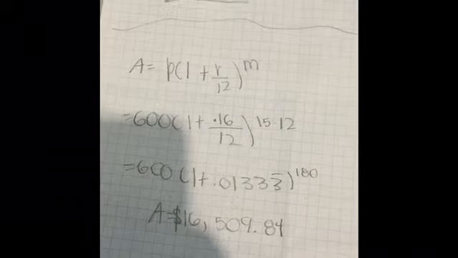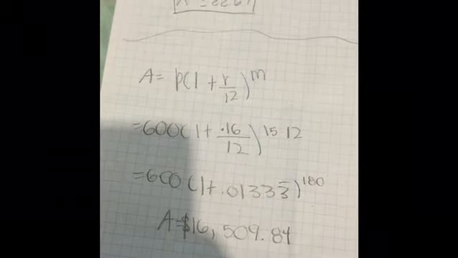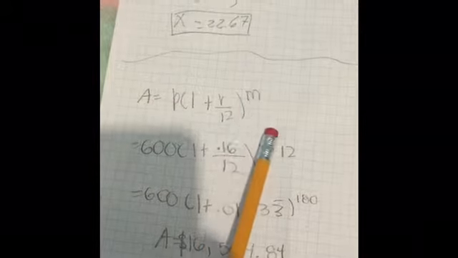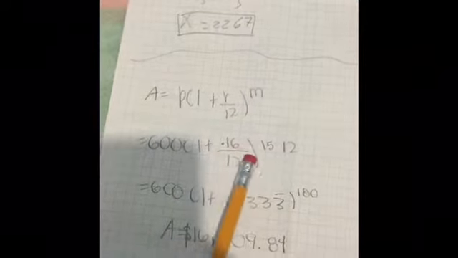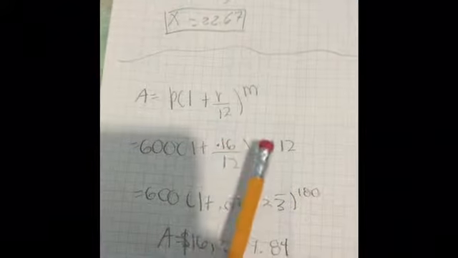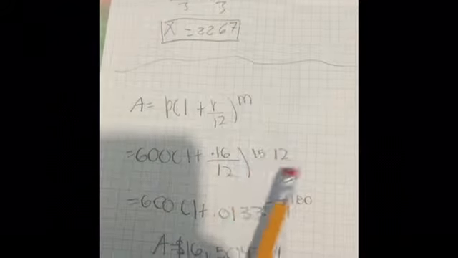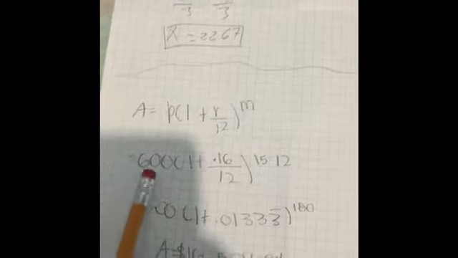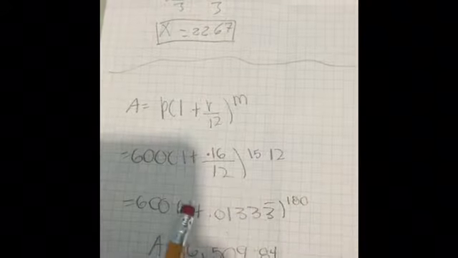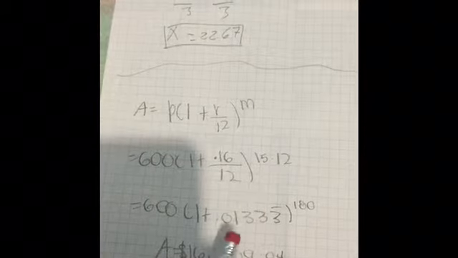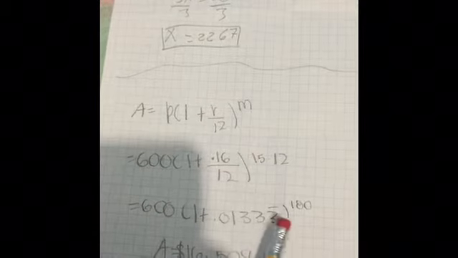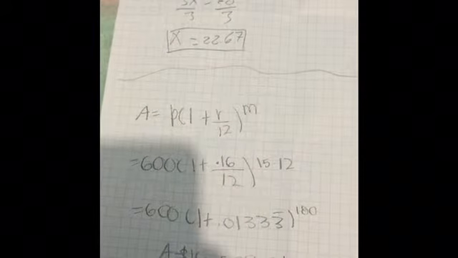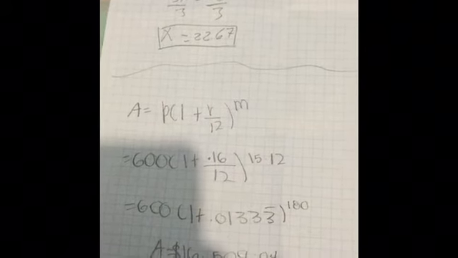Then the exponent is 15 times 12. The reason you have 15 times 12 is because m is the time. It says it took 15 years exactly, and there are 12 months in a year, so it's 15 times 12. After this, you're going to have 600 times (1 plus 0.01333) to the power of 180. And your result is going to be A equals 16,509.84.